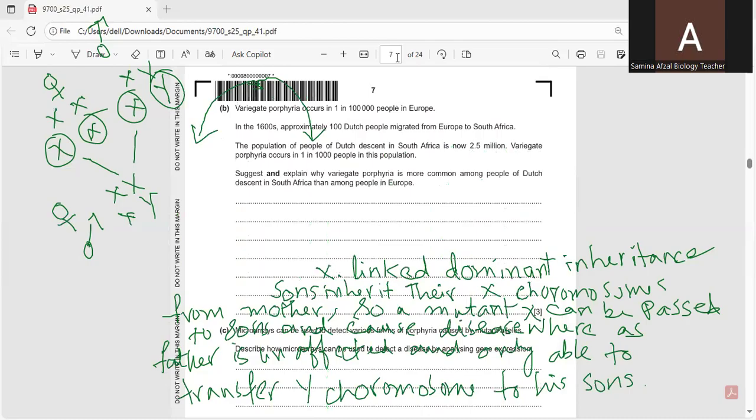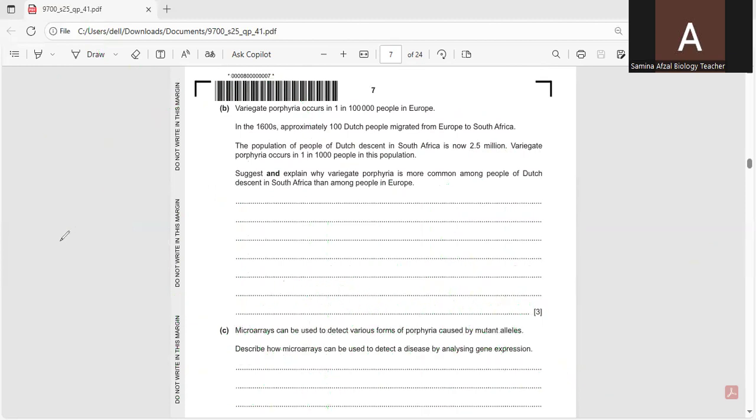The next question is: variegate porphyria occurs in 1 in 100,000 people in Europe. In the 1600s, approximately 100 Dutch people migrated from Europe to South Africa.